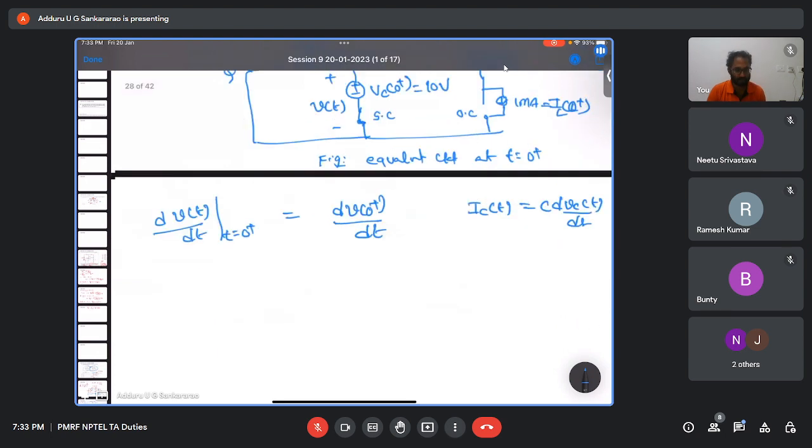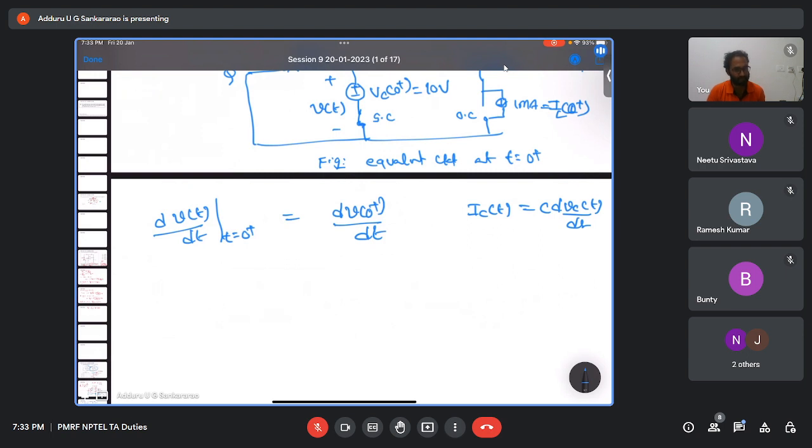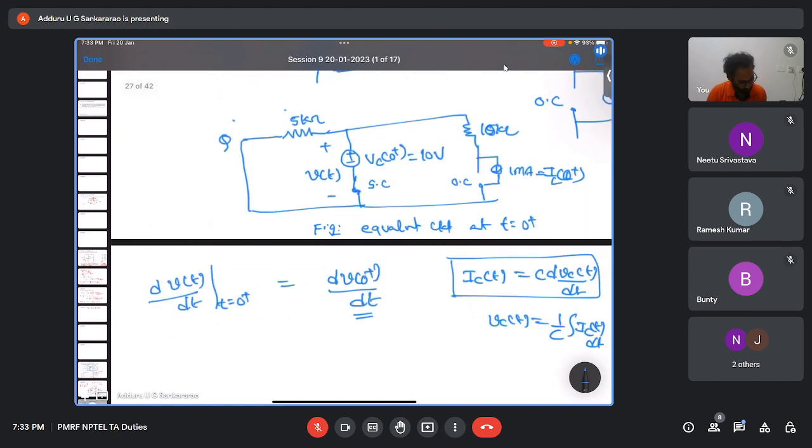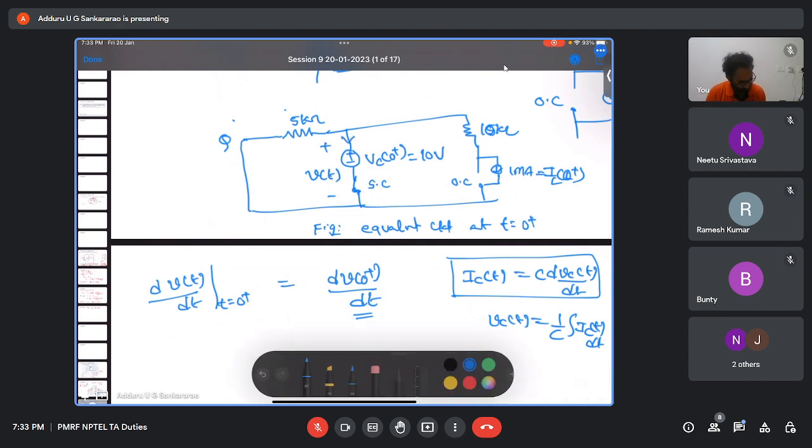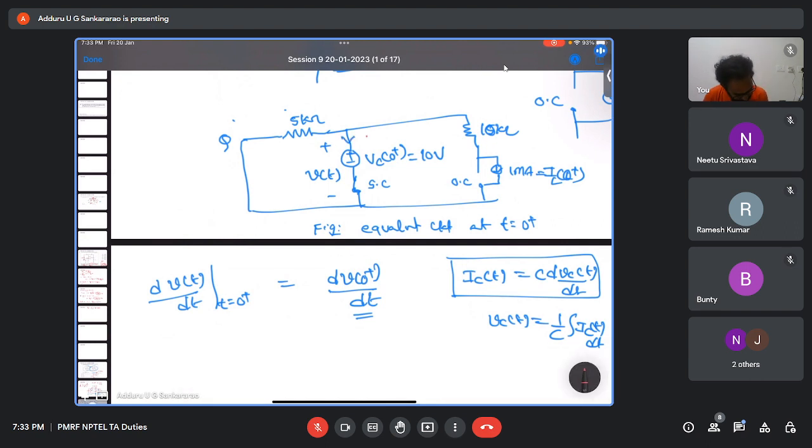Capacitor current I equals C dV by dt, or capacitor voltage Vc of t is 1 by C integral of IC of t dt. Using this relation, we will try to get this. So what is now IC of 0 plus? This one we need to find out. Now what is the current?